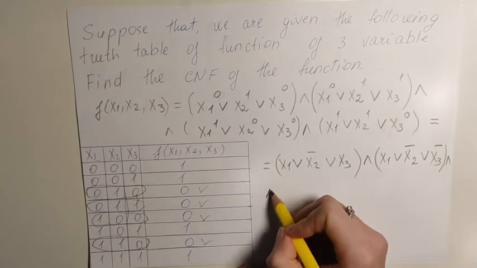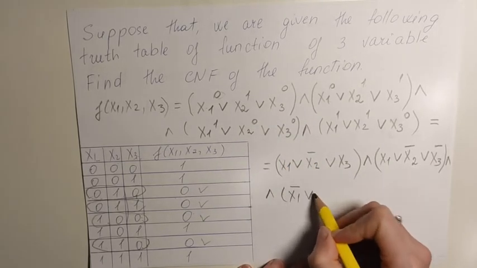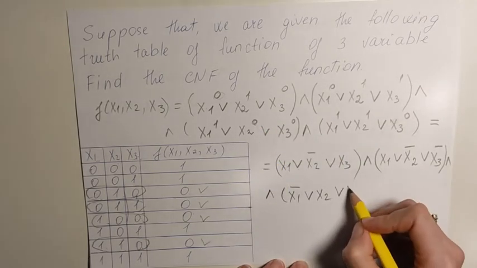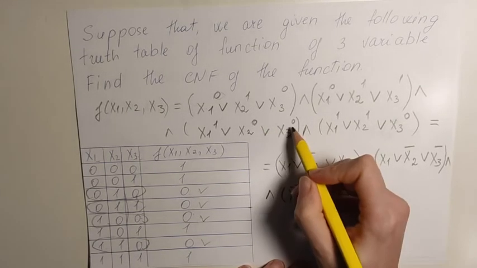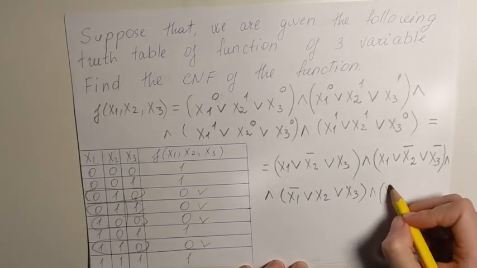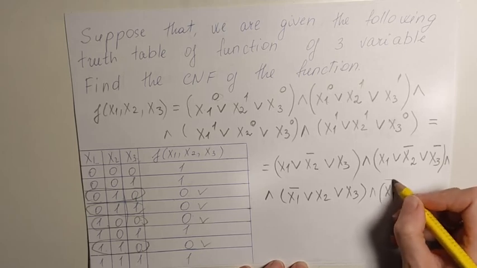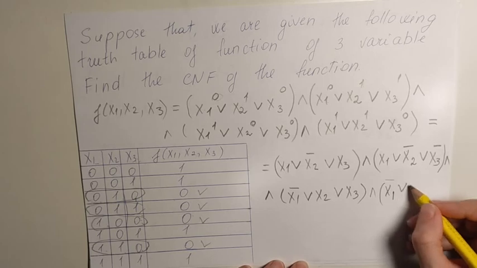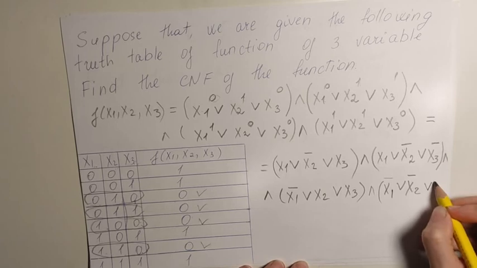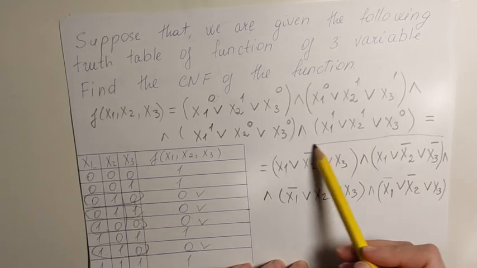Again, continue: x1 negation, x2 remains the same because it's 0, and x3 also remains the same. Finally, x1 will be replaced by x1 negation, also x2 negation, and x3.